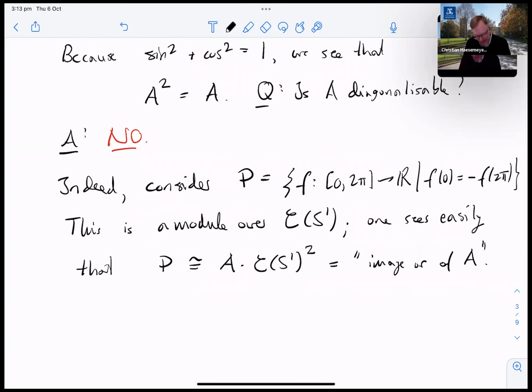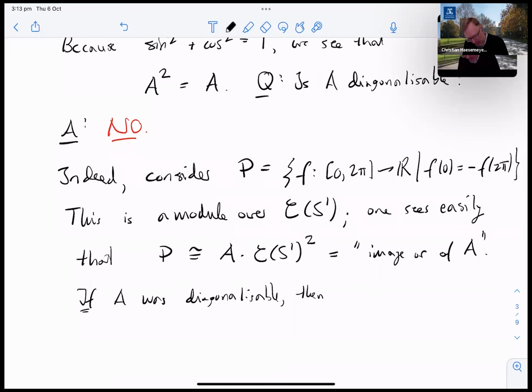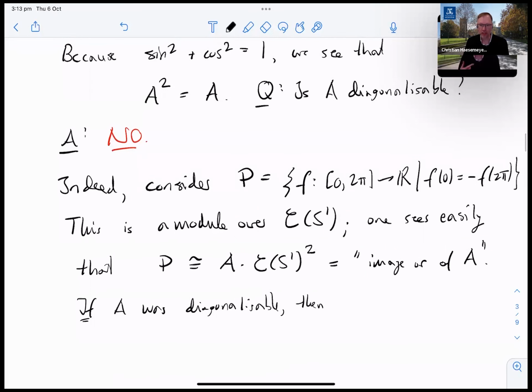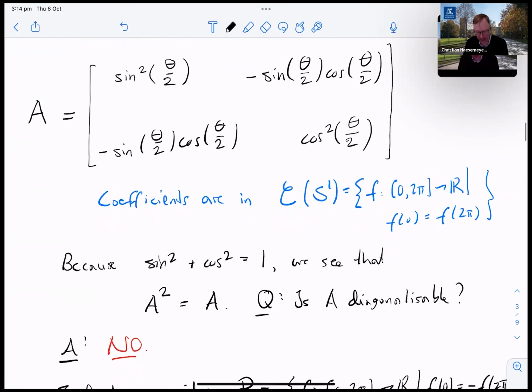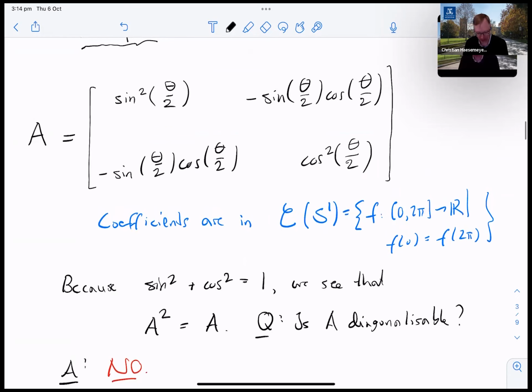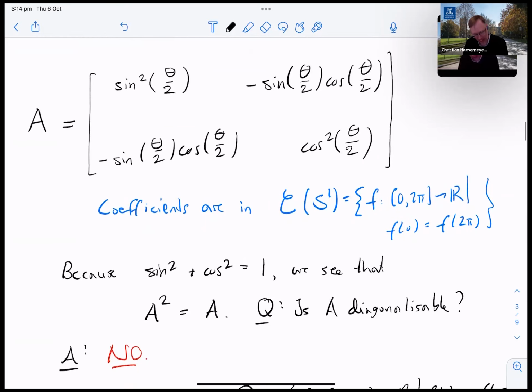So if A was diagonalizable, well, then the image of this thing would have to have a basis, and it's very easy to see that A is not injective. So the rank of this matrix at some generic value theta, where the sine or cosine function are not zero, they're not both going to be zero at the same point, so it's not a problem, the rank is going to be 1.